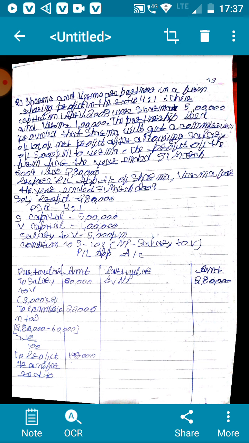The partnership deed provided that Salma will get a commission of 10% of net profit after allowing a salary of 5,000 per month to Balma.